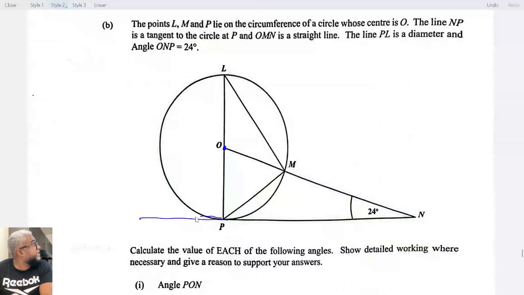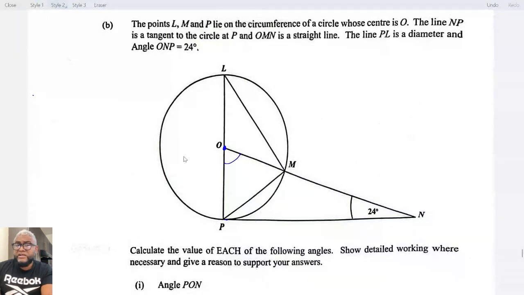As they said, the line PL is a diameter, and ONP is 24. That's all the information they give us. Calculate the value of each of the following angles, show detailed working when necessary, and give a reason to support your answer. P to O to N, which is this angle up here.